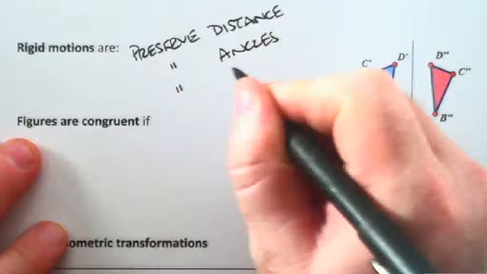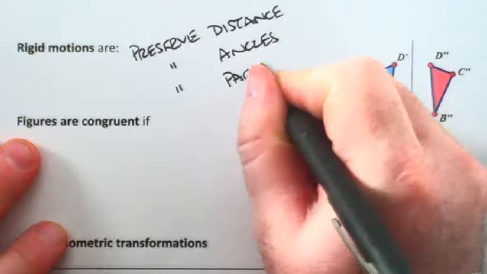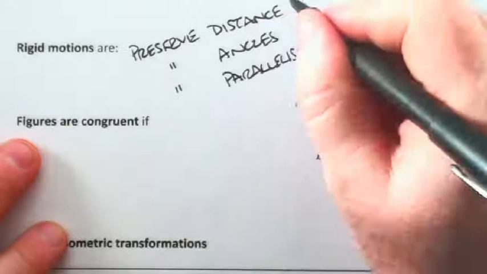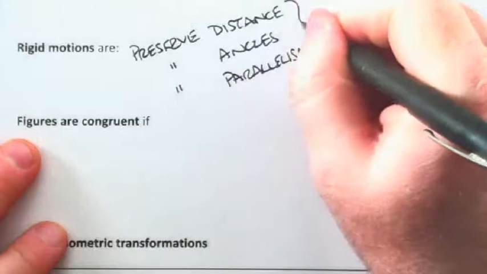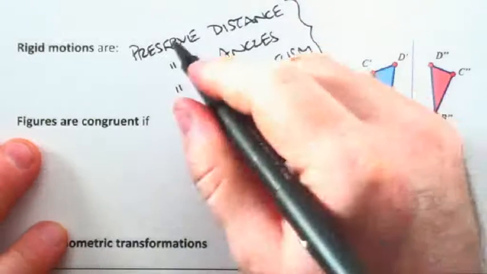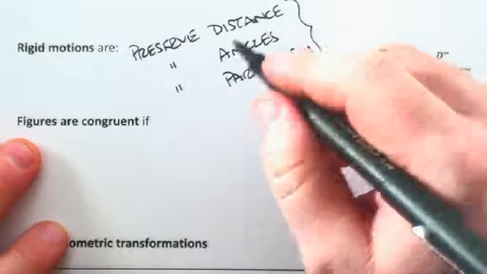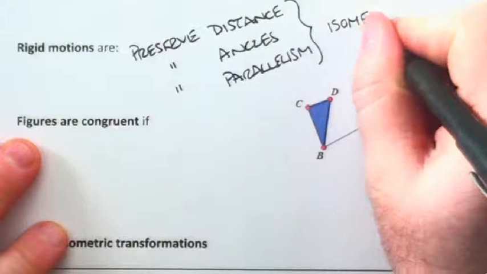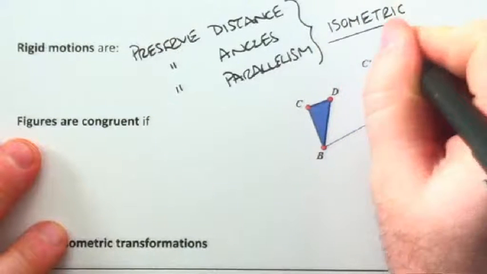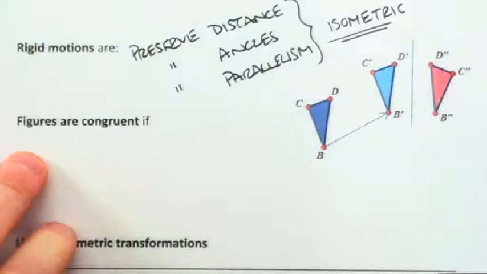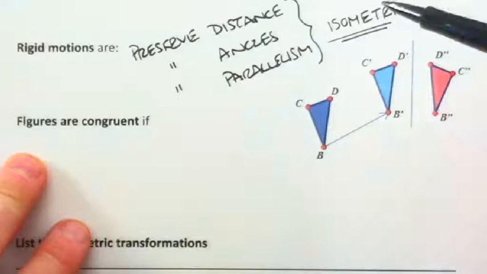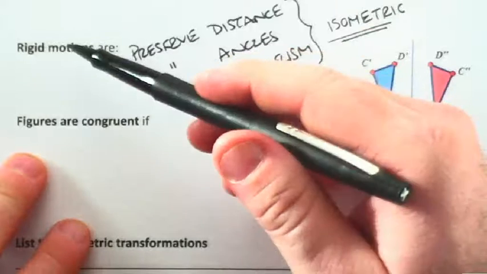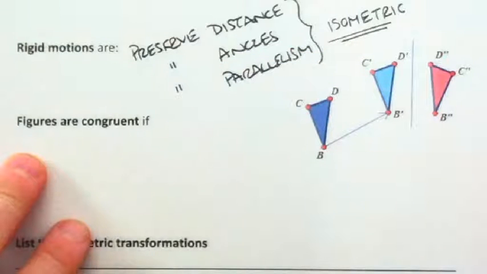They preserve parallelism, meaning things that once were parallel are still parallel, and so on. And you'll notice that we've actually already used a term for this: isometric. So first of all, we're now learning a number of words that mean the same thing. Isometric transformations are the same as rigid motions.